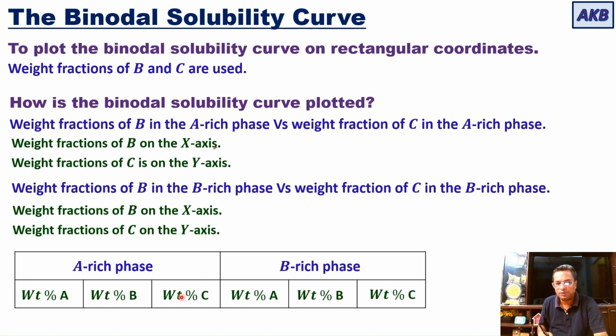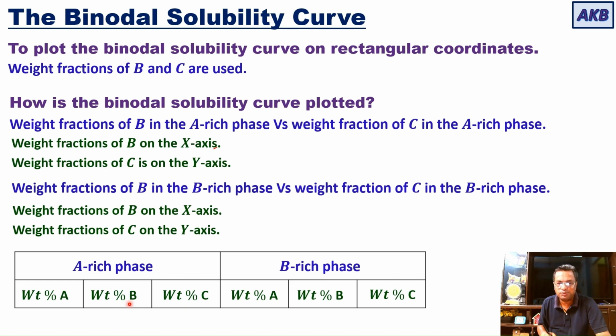Whatever may be the case, we have to convert them to fractions. As I said, we need weight fractions of B and C. What we have in this table is weight percentages, so you simply divide the percentage value by 100 and you get the fractions.